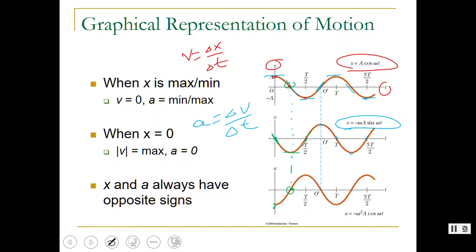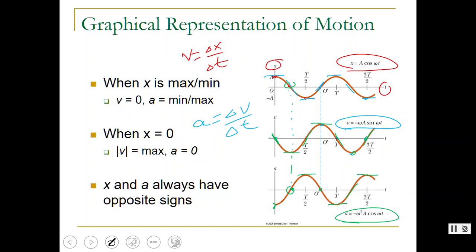Then when I come here, that's a positive maximum slope, so I have a positive maximum for my acceleration. Then I'm at 0 again, then at a negative maximum, and then 0, and it keeps going with that pattern. So your acceleration function is also a cosine function, but it's actually a negative cosine function.